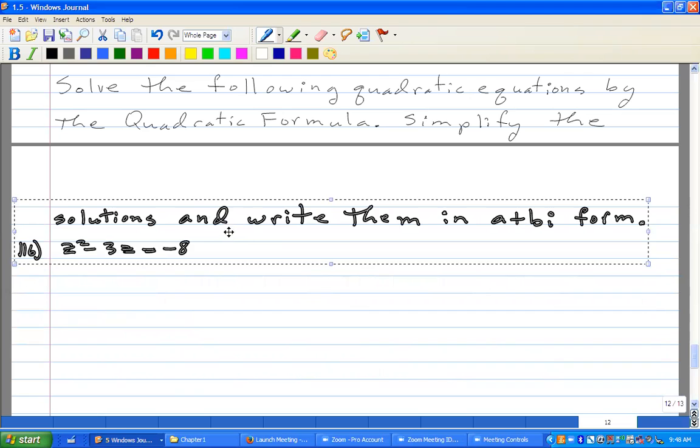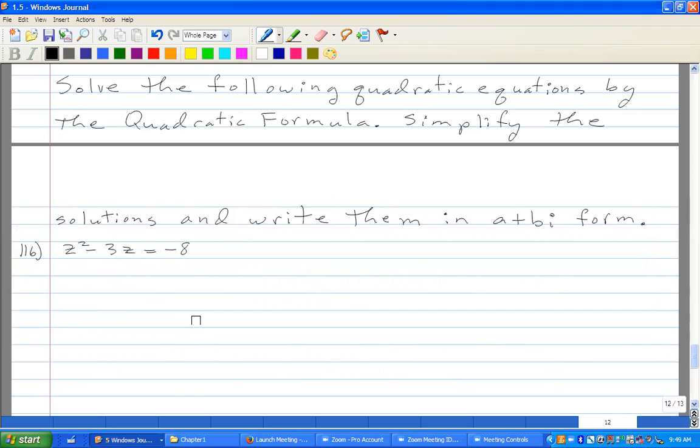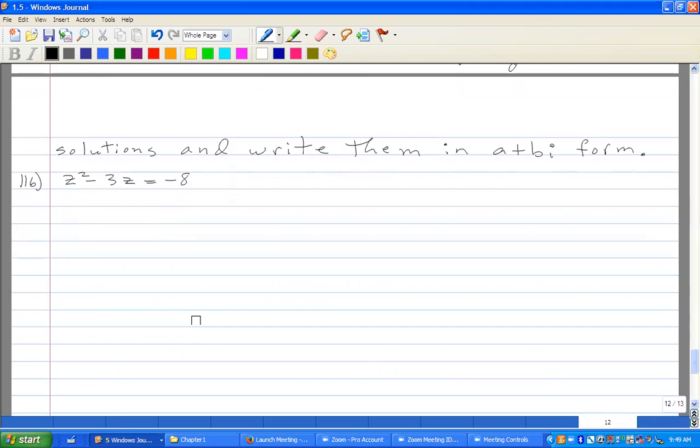And so I have here on problem 116, z squared minus 3z is equal to negative 8. And so I have to write this in exactly the same form that we had derived the quadratic formula. So I have to have that this is equal to 0. So let's add 8 to both sides of my equation.